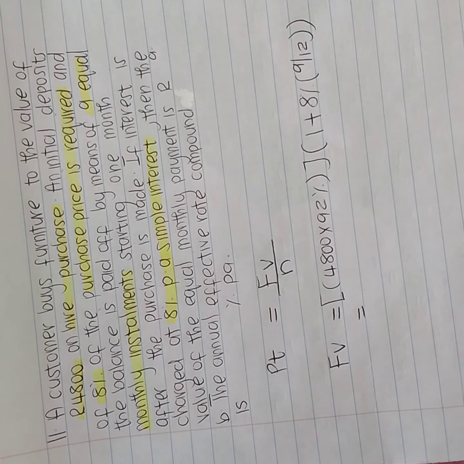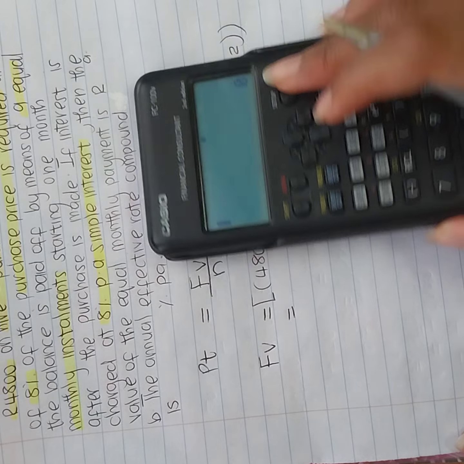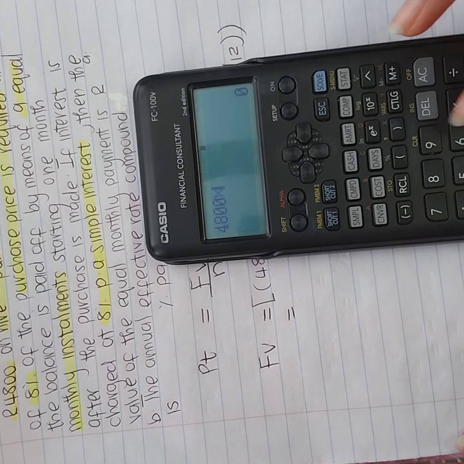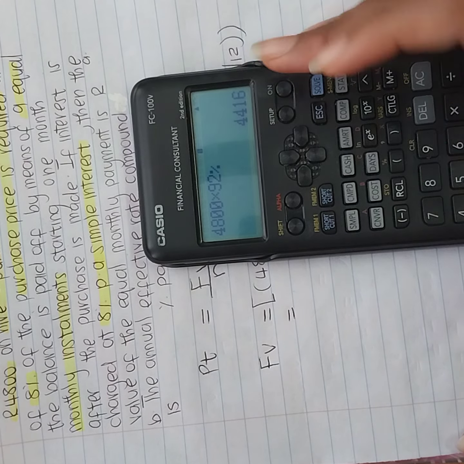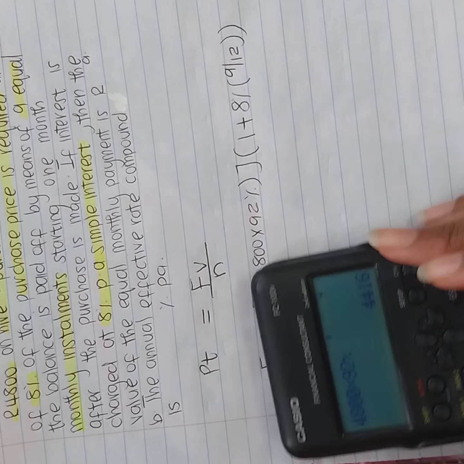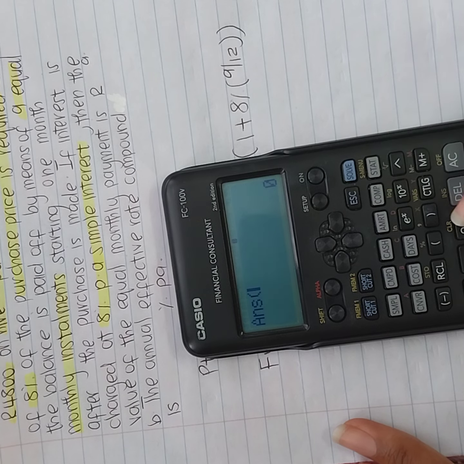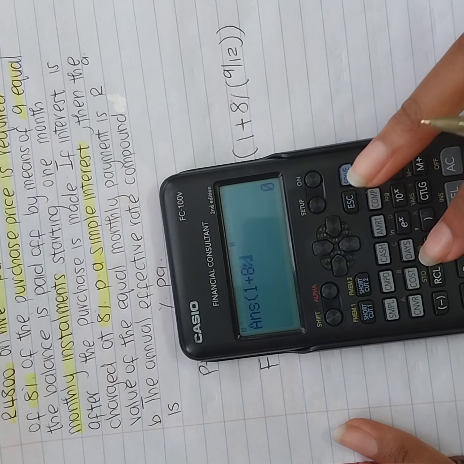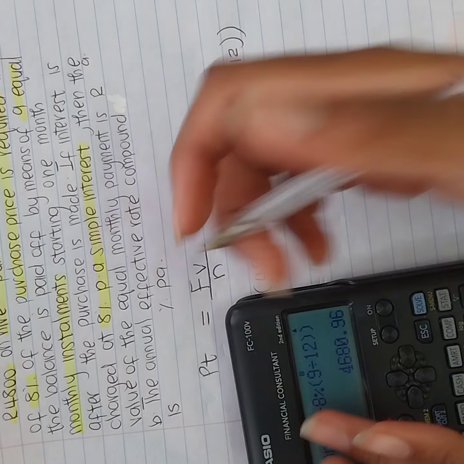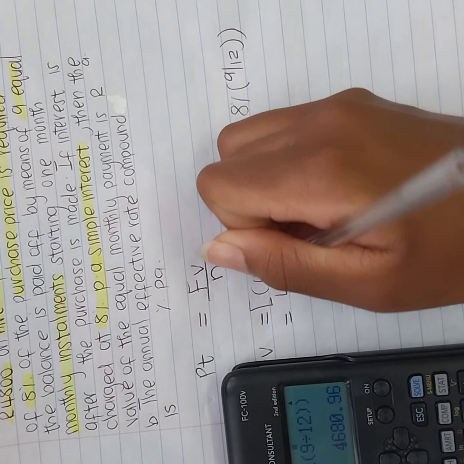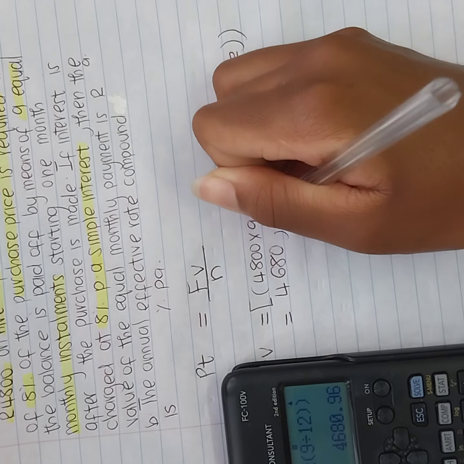So let us find out what this is. You have 4,800 times 92%, and this is how much your loan is, right? Answer times 1 plus 8% times 9 divided by 12. So the future value of the loan is 4,680.96.